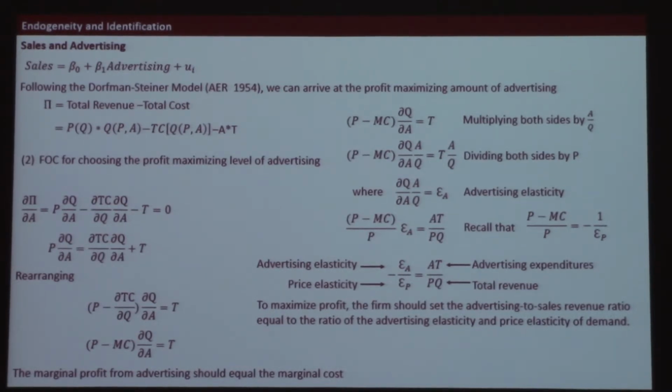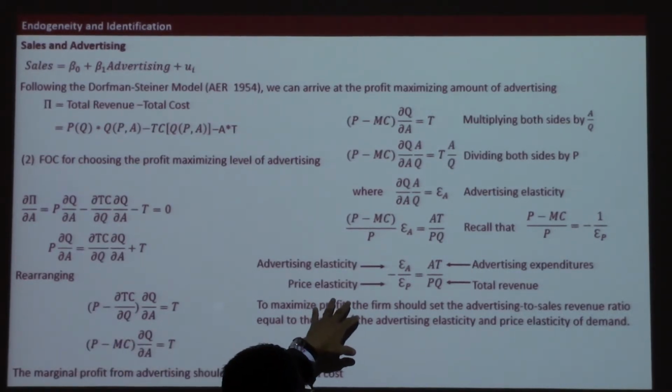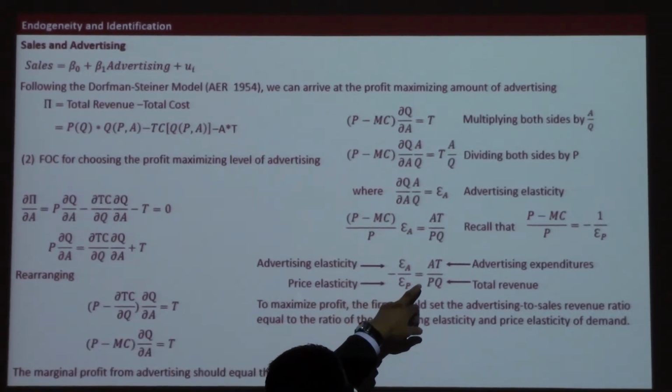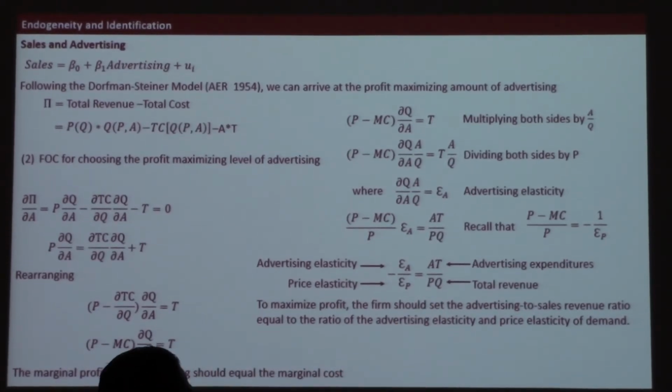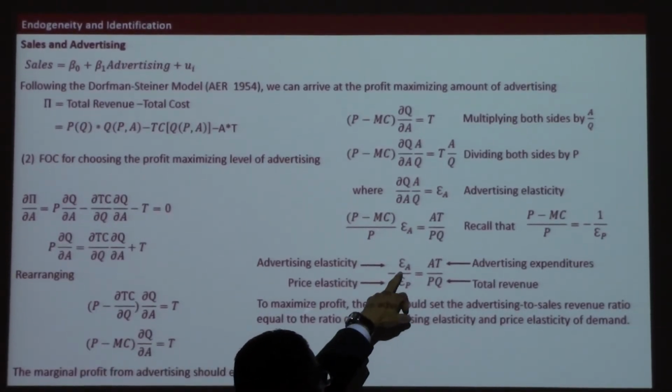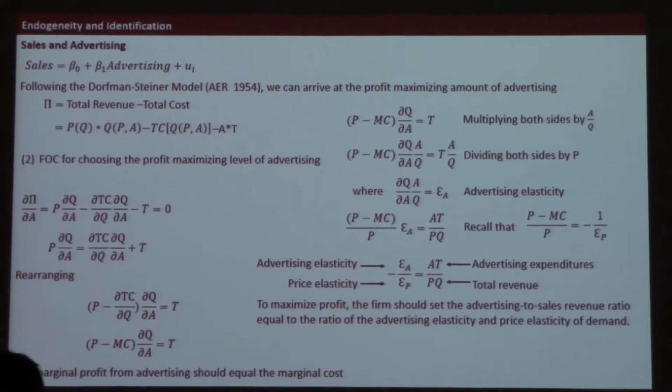So, from our profit maximization problem, we get some interesting results. And it's these results here. The ratio of advertising expenditures to total revenue, how much we spend on advertising, is dependent on advertising elasticity and the price elasticity.